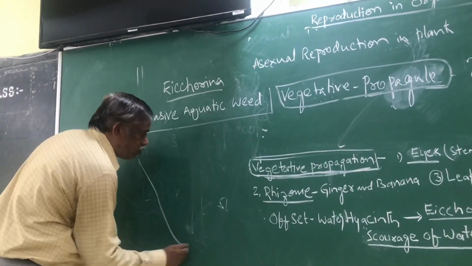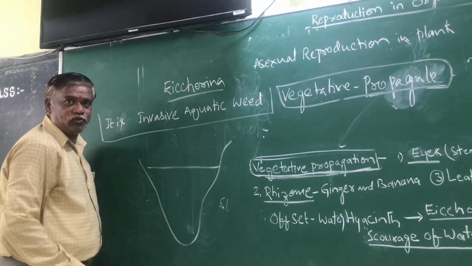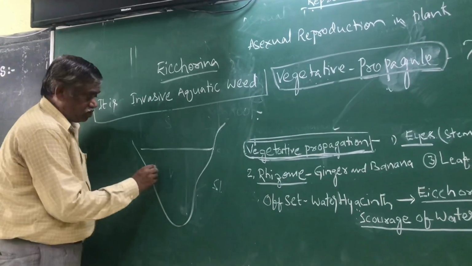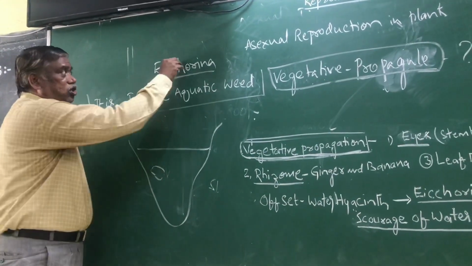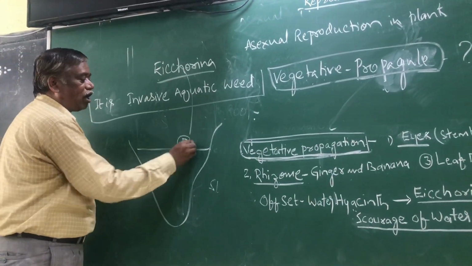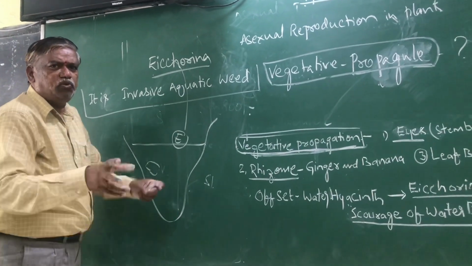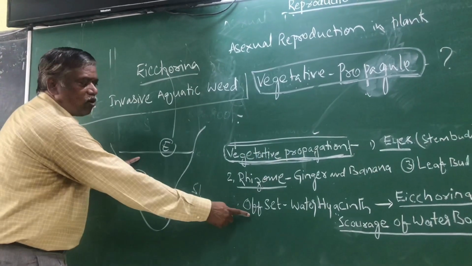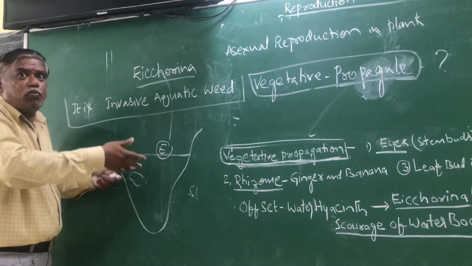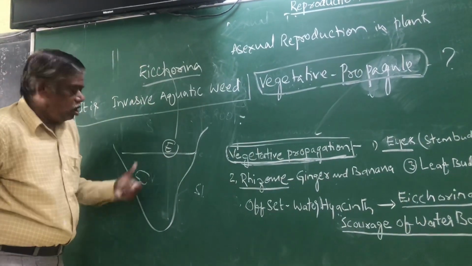suppose there is a water body with some other aquatic organisms, some fishes. Due to the introduction of Eichhornia, within a few days it undergoes vegetative propagation. It increases its population and spreads over the entire water body.